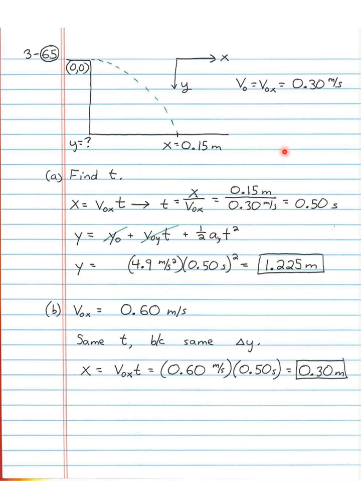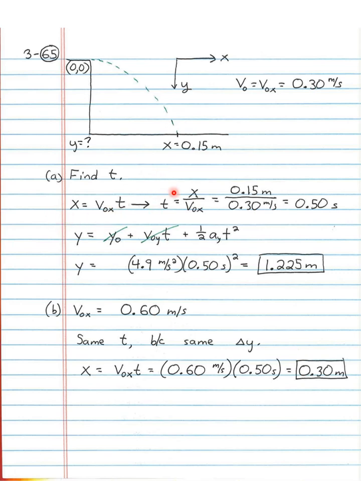Well, to find how tall the table is, let's first use the horizontal component, the x component of motion, to figure out how much time it was in the air. Then once we know the time, we can focus on the vertical. How far did it drop? So to find t, evaluating just the horizontal motion, we can say x equals v naught x t.